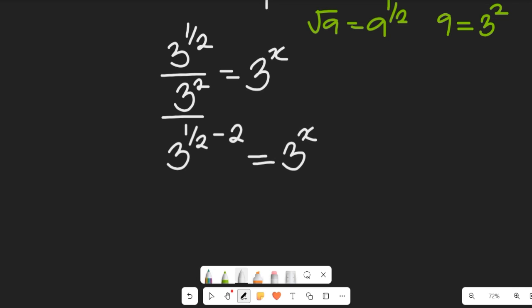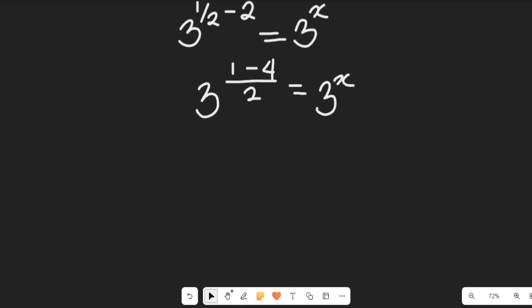If you simplify this, we are going to have a common base, and this will give me 2. 2 divided by 2 is 1. 1 times 1 is 1, right? Minus 2 divided by 1 is 1. 2 times 2 is 4, and this will be equal to 3 to the power of x.